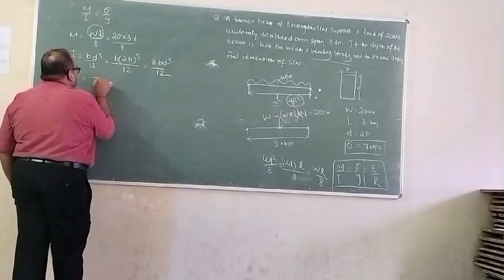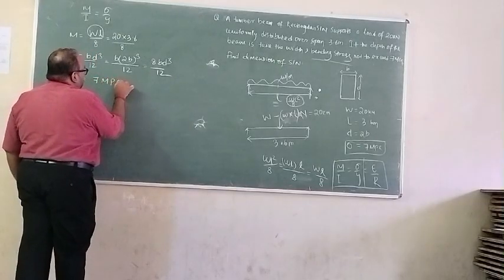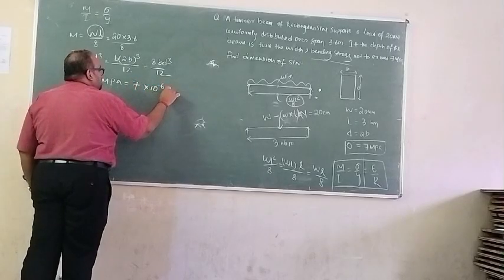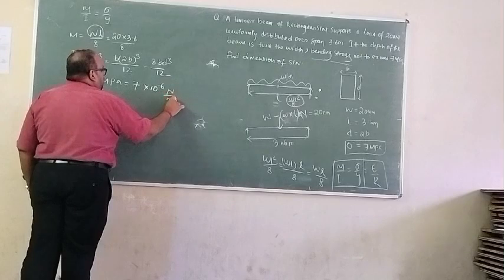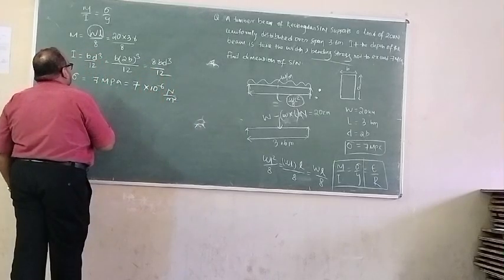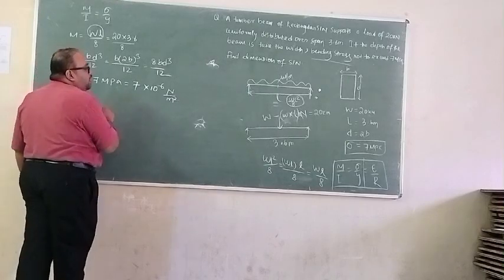Stress value is 7 MPa. So I can write 7 multiplied by 10 to the power 6 Pascal, which is Newton per meter square, and Y value is D divided by 2.